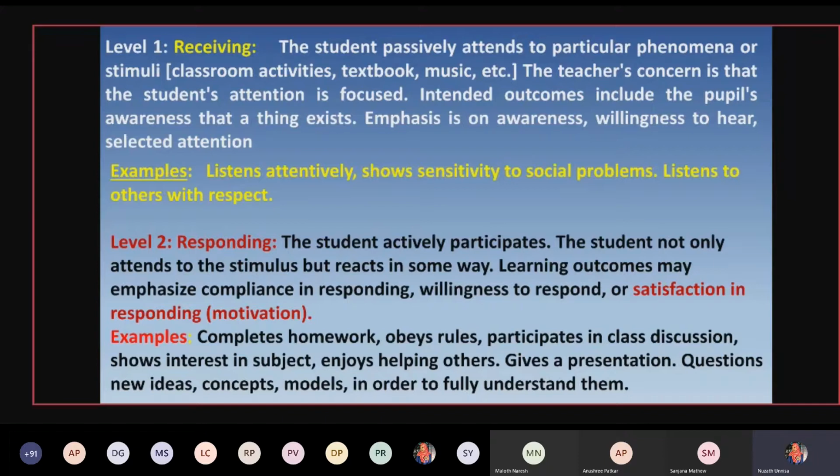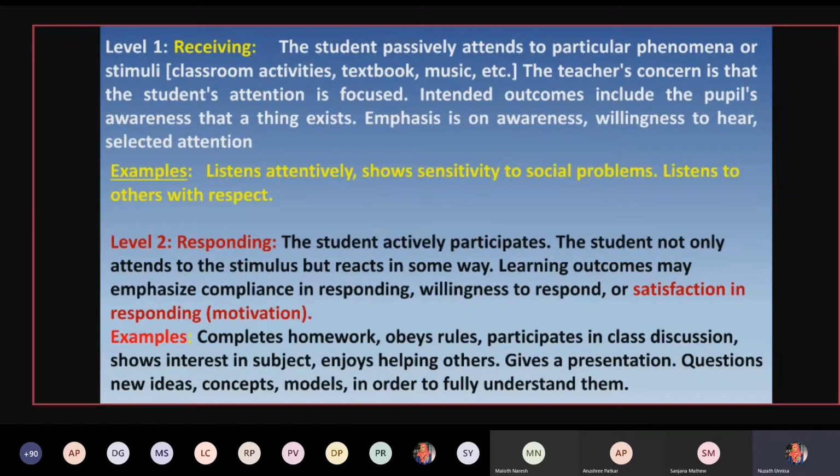So that is the first level of the affective domain, which is receiving. Receiving is shown by listening attentively, showing sensitivity to social problems. These are the listed examples. Listen to others with respect.